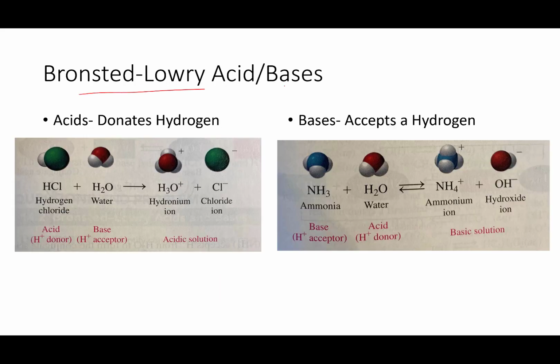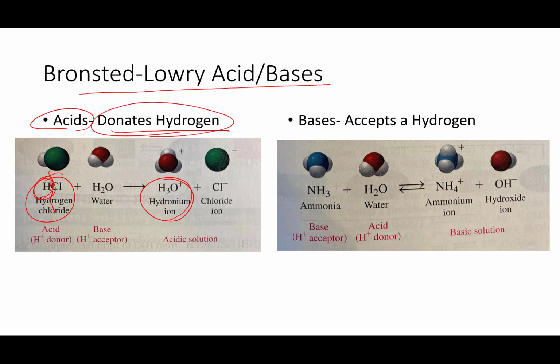Now, Bronsted Lowry acids are things that donate hydrogen. So for example, hydrochloric acid, when you put it in water solution, is going to break apart, give a hydrogen to water, and make hydronium ions. It donates a hydrogen.